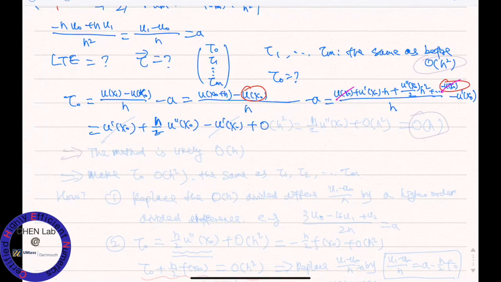So this cancels with that, but we have h over 2 times u double prime left, plus a higher order term, h squared. So this whole thing is order h. And if you recall, tau 1 is order h squared, but tau 0 is order h. Okay, order h.